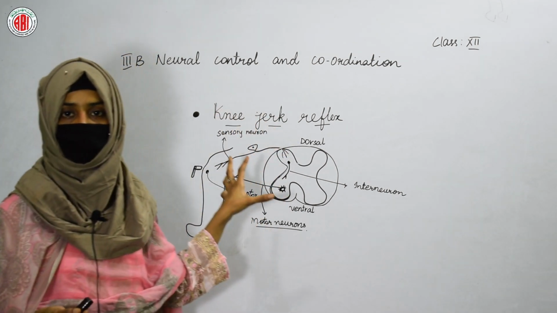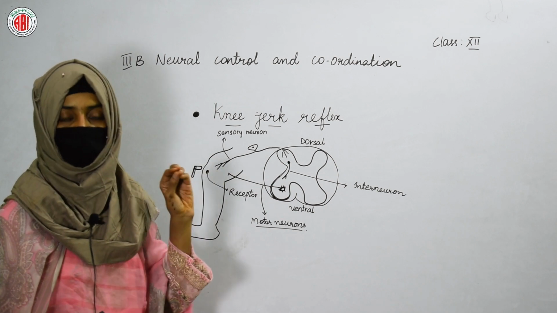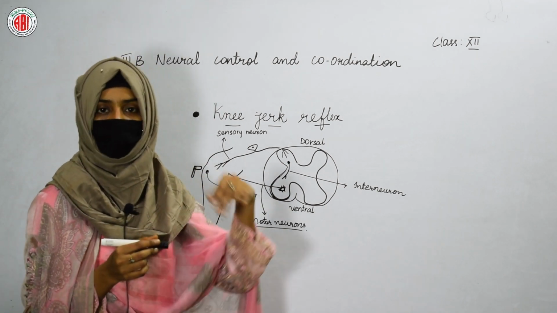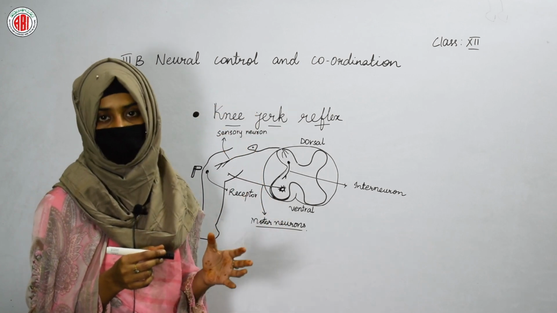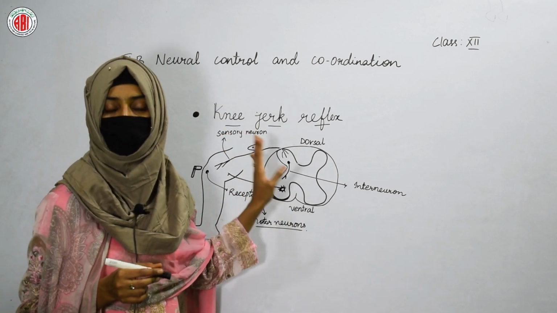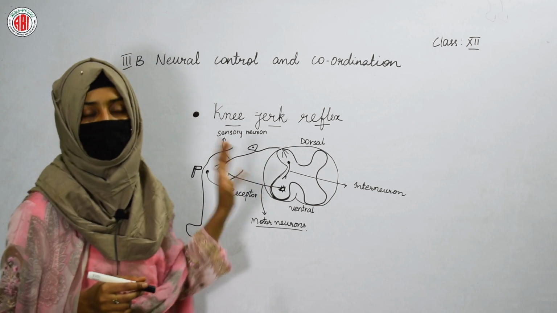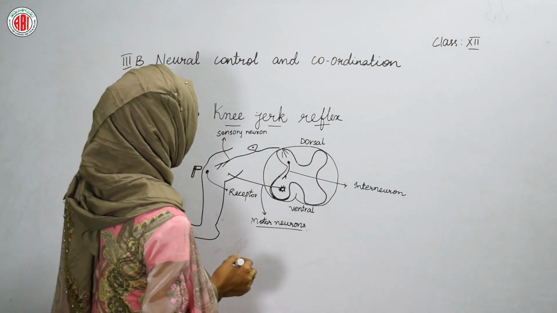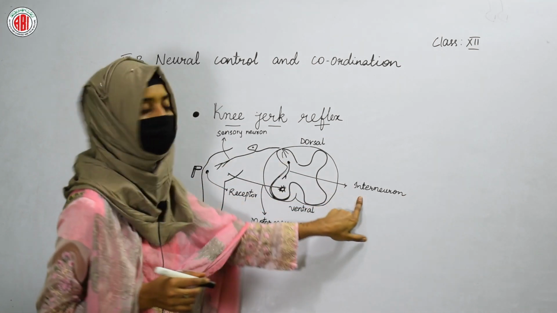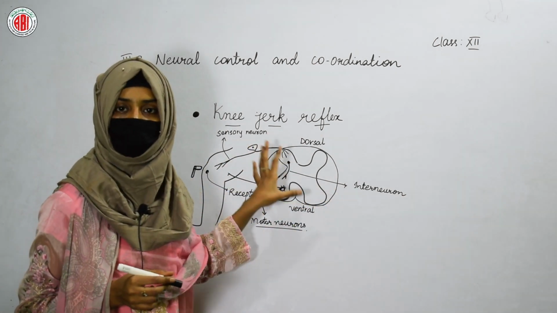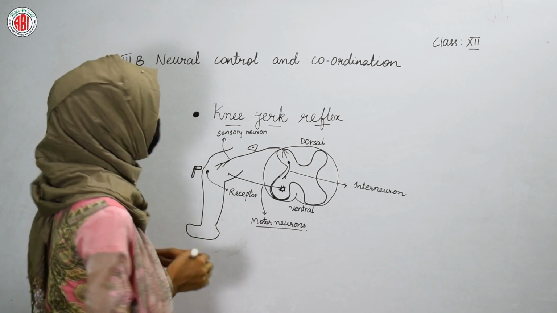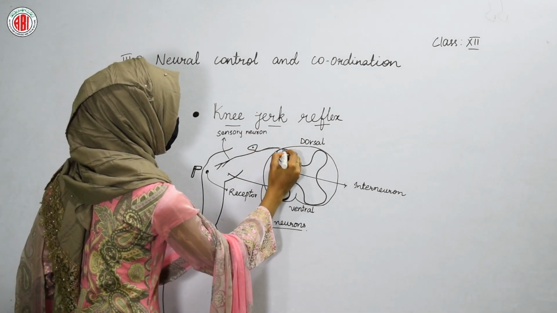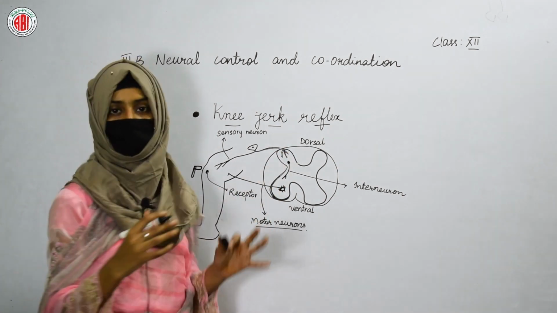When the sensory neurons reach the dorsal horn of our spinal cord, from there they usually go to the brain. But during reflex actions that does not happen. The sensory neurons will not travel to the brain. Instead, they will be analyzed by the interneurons in the spinal cord itself.